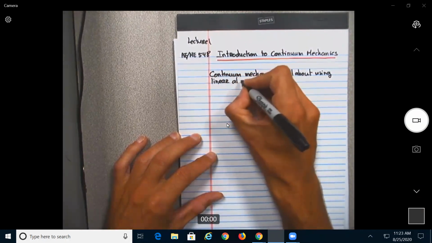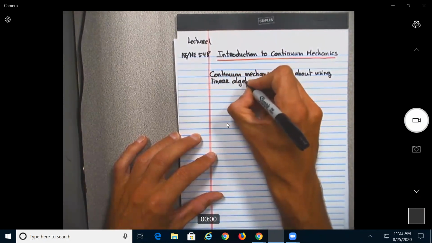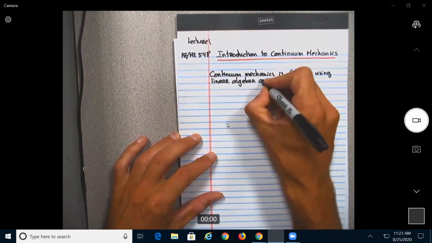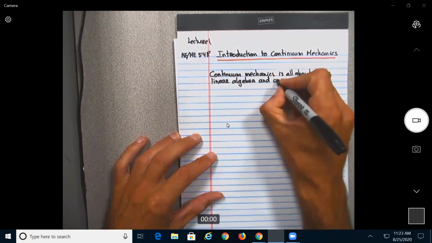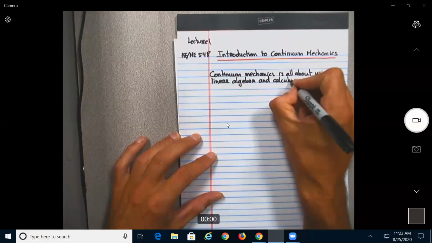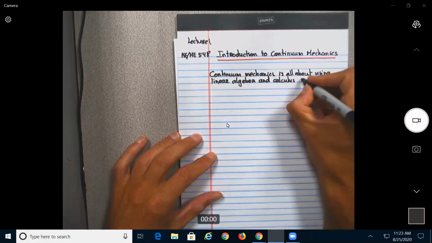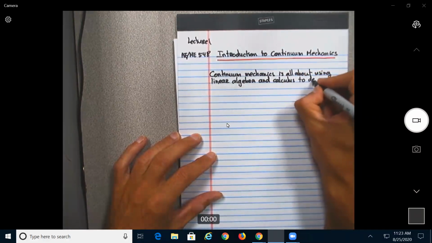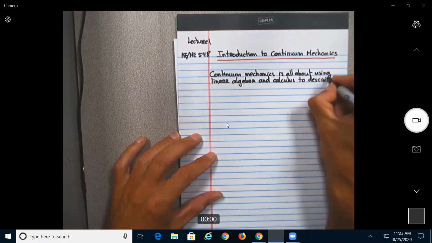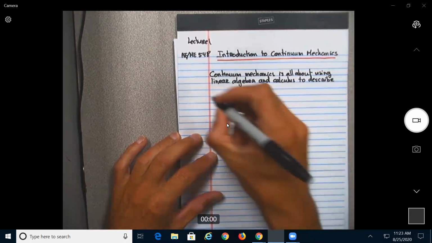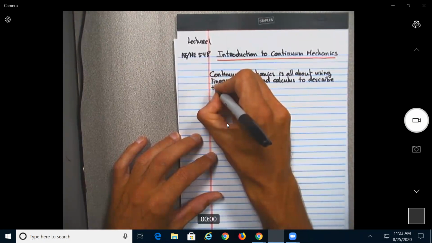So that's why it's almost like a mathematical class, linear algebra and calculus, to describe the deformation.